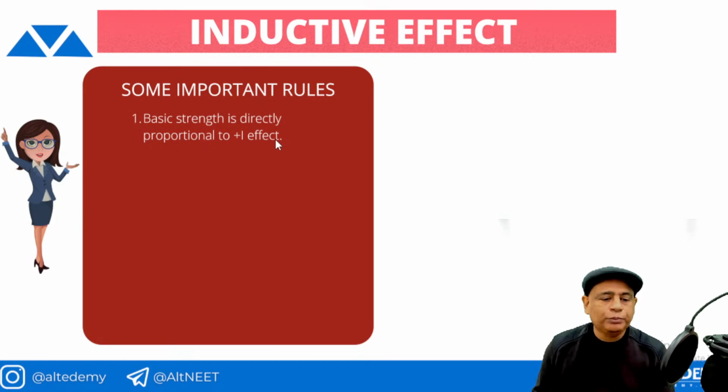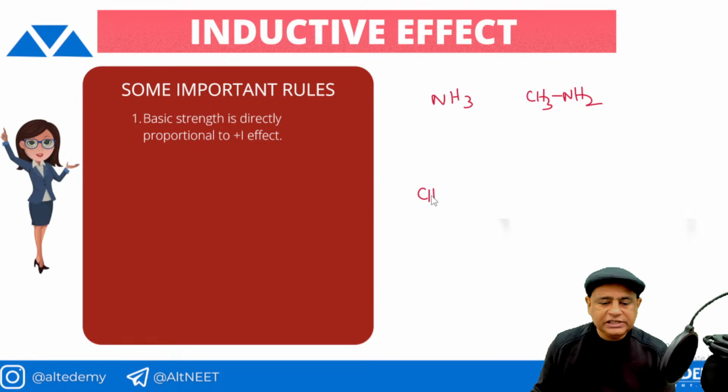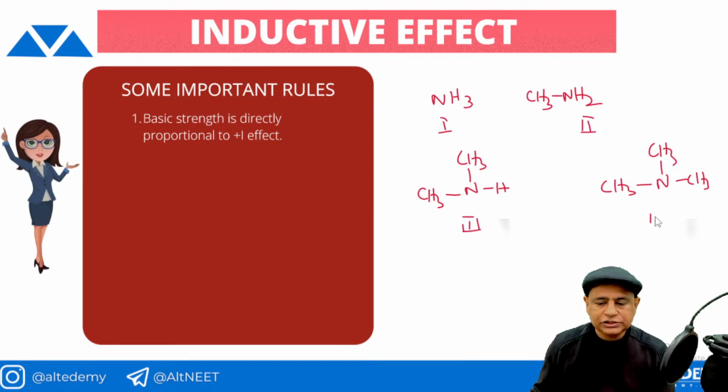Basic strength is directly proportional to plus I effect. You might have read or will be studying. Suppose we take species like NH3, CH3 NH2, or we take CH3 N CH3 H, and we take CH3 N CH3 CH3. This is 1, this is 2, this is 3, and this is 4. All in a gaseous state.